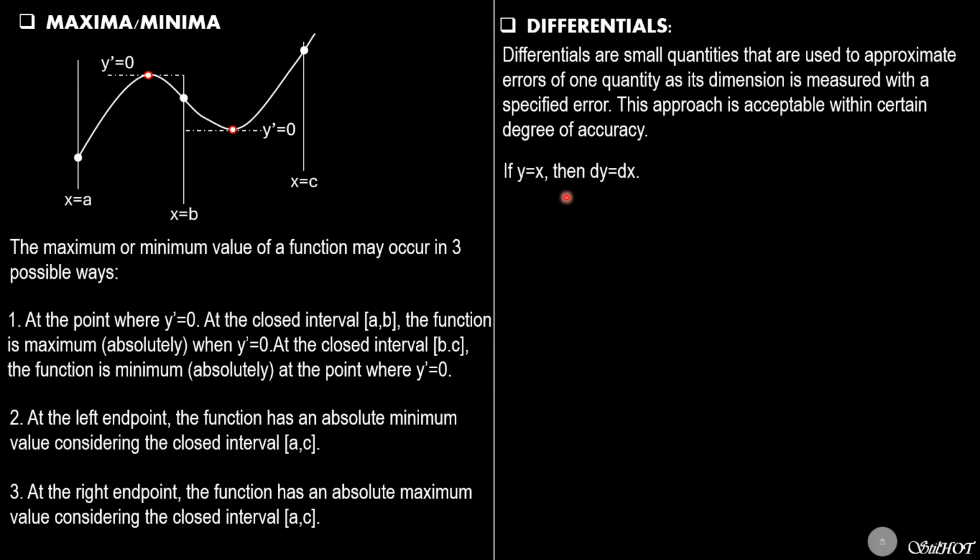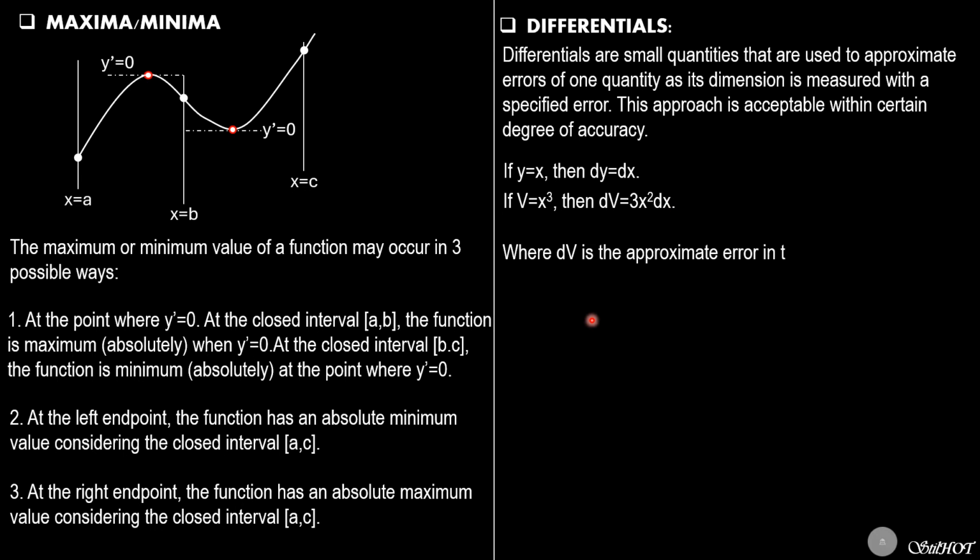So if y is x, then the differential of y is dy and the differential of x is dx. If volume equals x cubed, then the differential of volume is dv. The differential of x cubed is 3x squared times the differential of x. So take note, we have to multiply further the differential by the differential of the independent variable, in this case x.